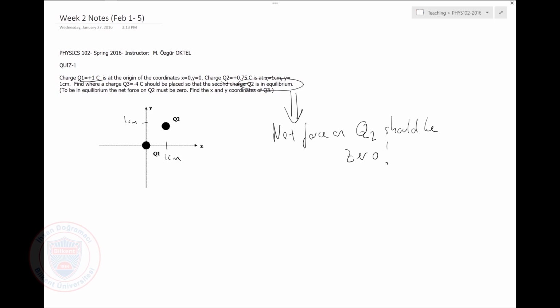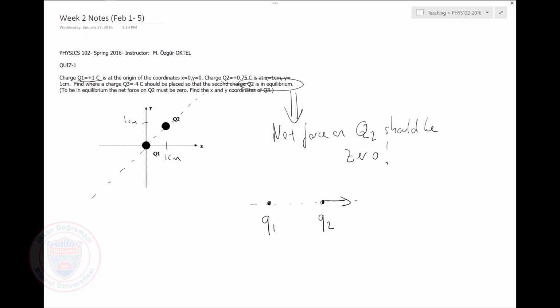Now, the first thing we learned about Coulomb's law is if I have two charges, Q1 and Q2, the force acts on the line that's connecting these two charges, right? Now, Q1 is positive, Q2 is positive. What's the direction of the force Q1 is applying on Q2? It's exactly on the diagonal, right?